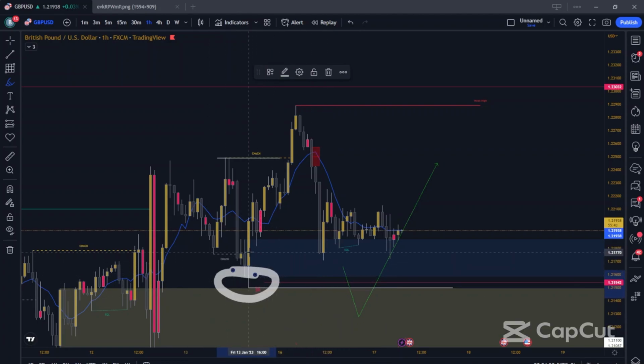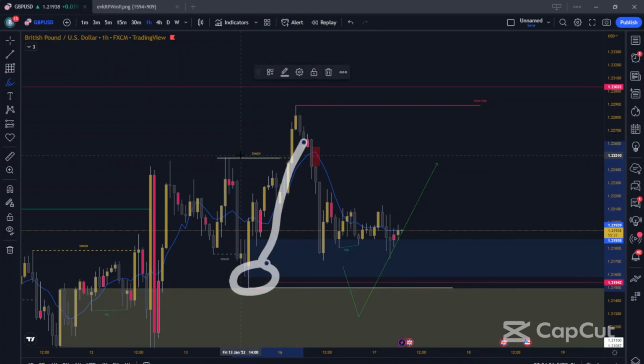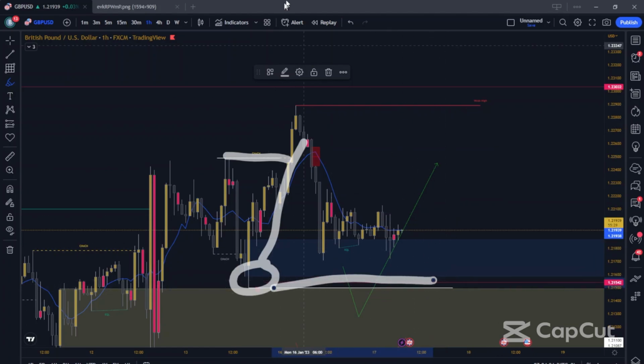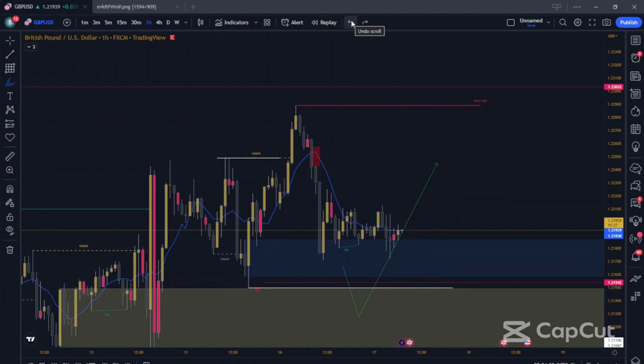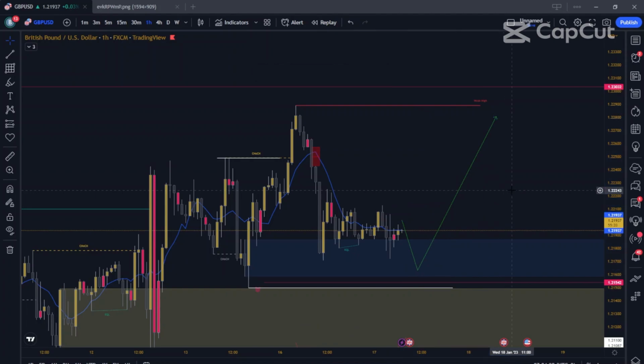So this order block has got a swing low right under it. This swing low is responsible for breaking this high, so this is a protected low. We should not see price break below this low. So this order block here could be 100% valid.